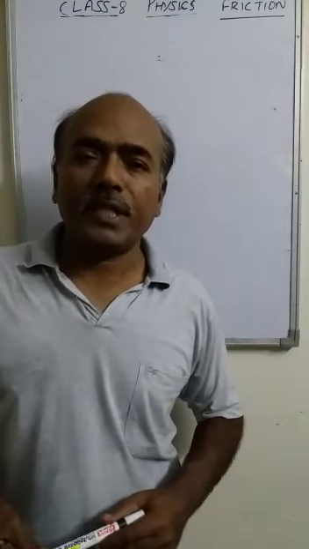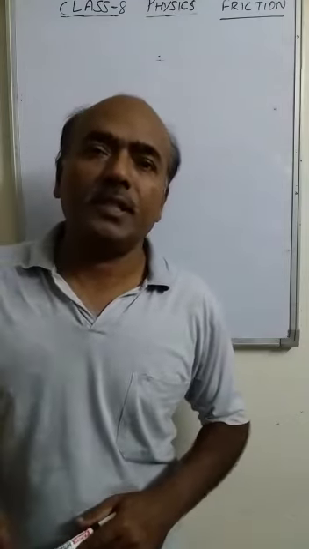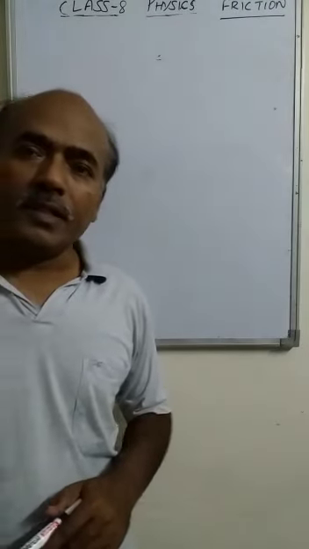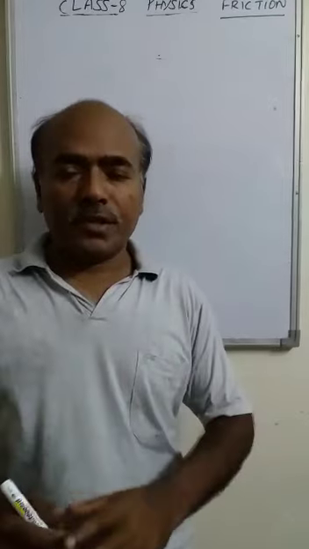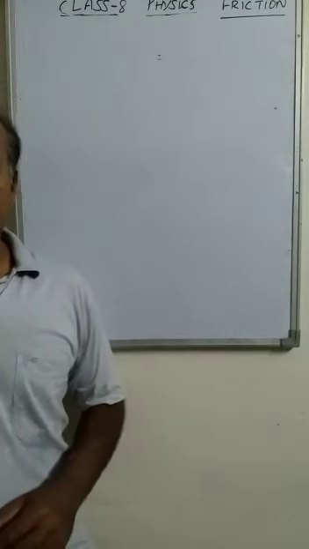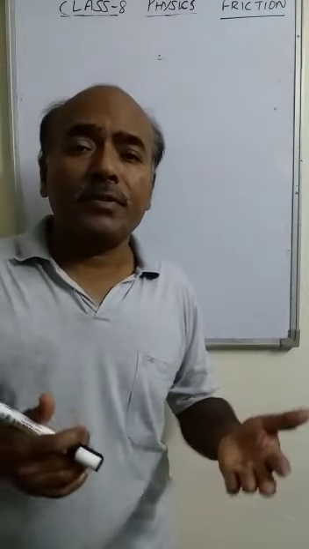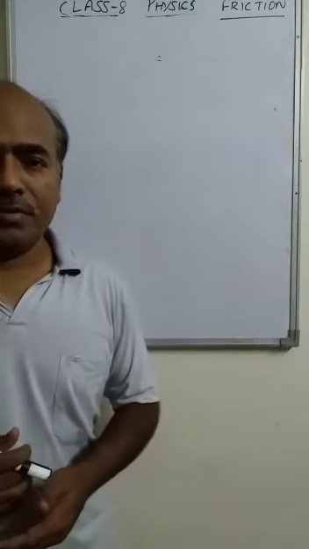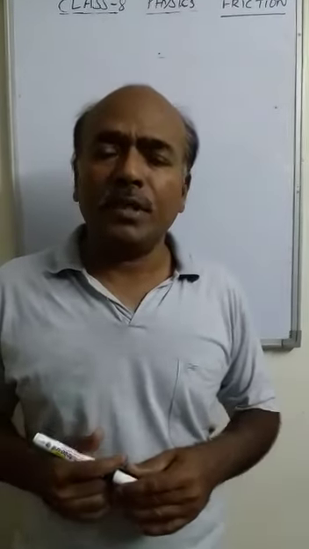In force and pressure, the frictional force was also discussed, because in the types of force, on the basis of physical contact, there is a contact force and a non-contact force. I gave two examples for contact force.